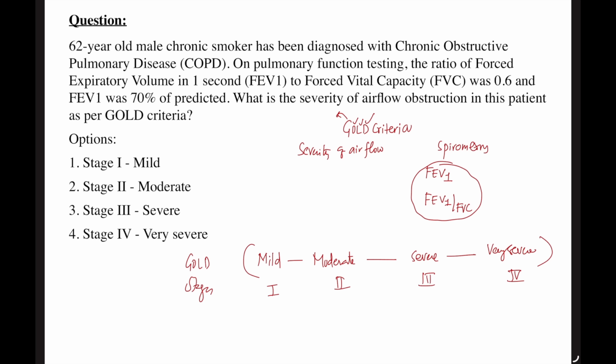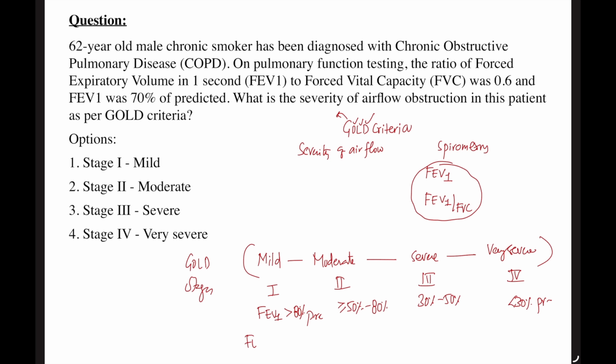Mild means when you do FEV1, it is more than 80% predicted. The same thing is in between 50% to 80%, or in between 30% to 50%, or less than 30% predicted. So then we have different stages.